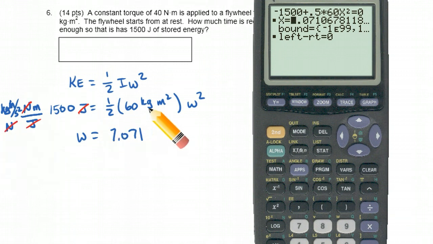Our kilograms will cancel out. We have 2 meters over here and meters squared over here, so we'll have inverse seconds squared on this side. When we take the square root, our units are radians per second. That's the first part of the problem.